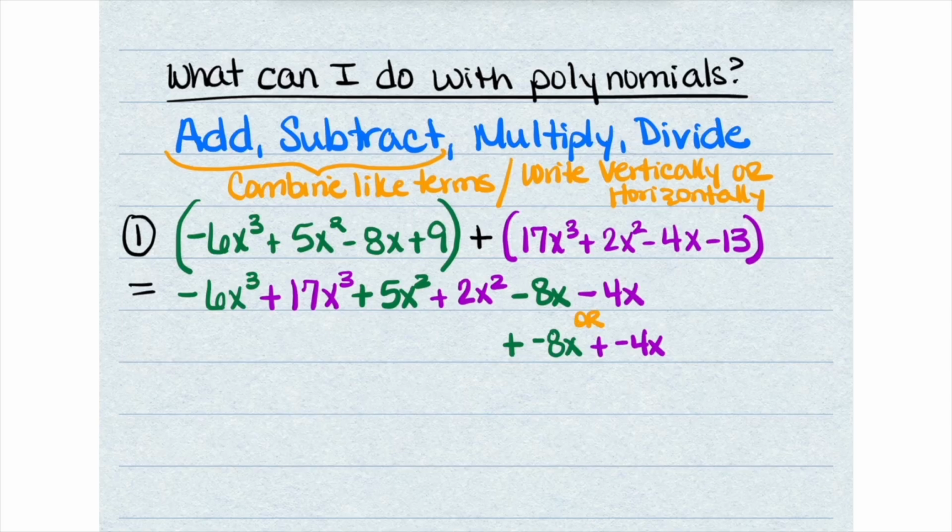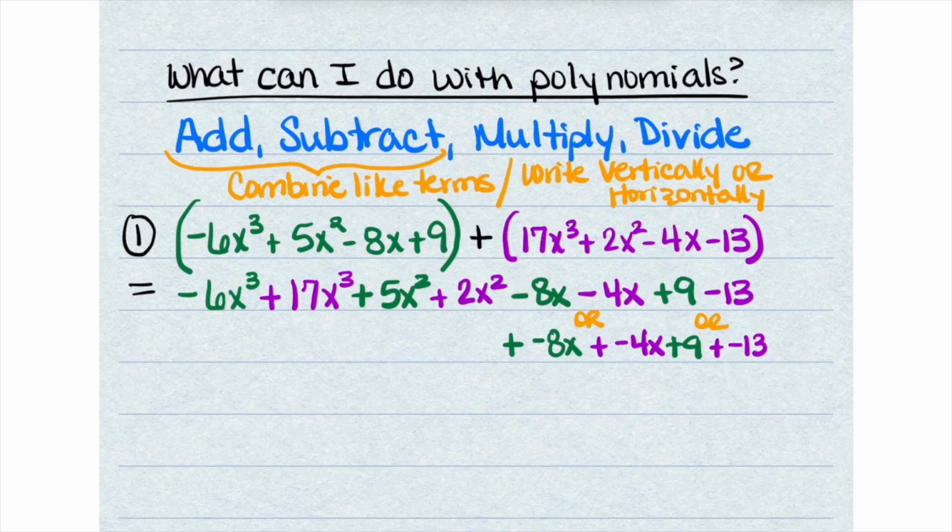And then I'm going to add my constants. So I have my 9 and my negative 13. So that's going to be plus 9 and then minus 13. And again, you could have written this as plus 9, and then you could have said plus negative 13.